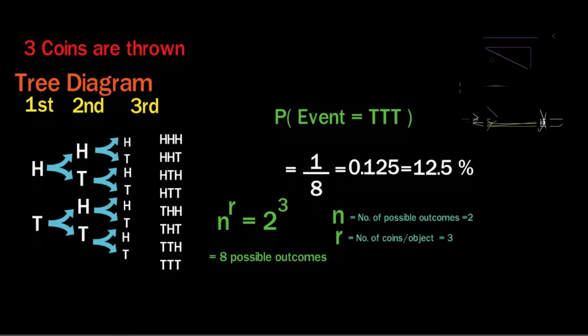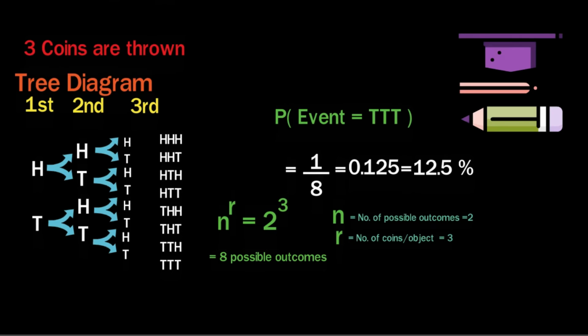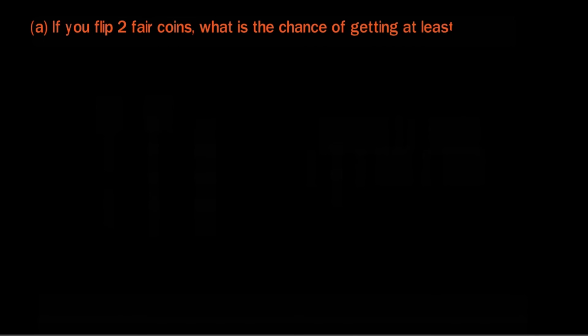Finally, we can also try some exercises. Let's say we have this example: if you flip 2 fair coins, what is the chance of getting at least one tail? I give you some time to think about it. Okay, we have 2 fair coins. The first thing we must always do is draw out the tree diagram.